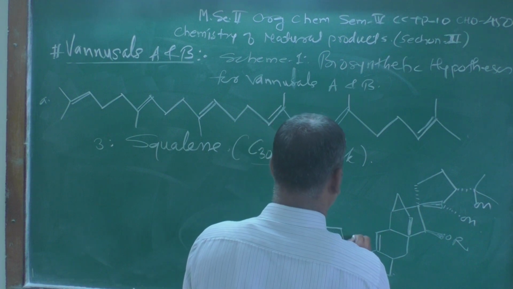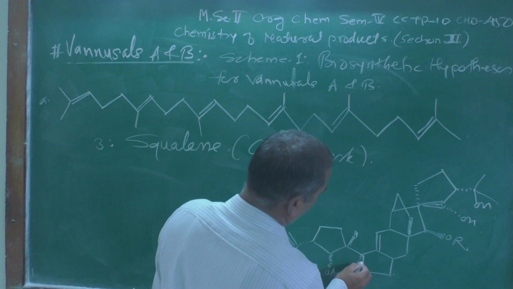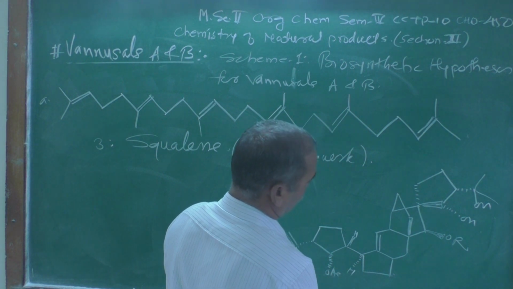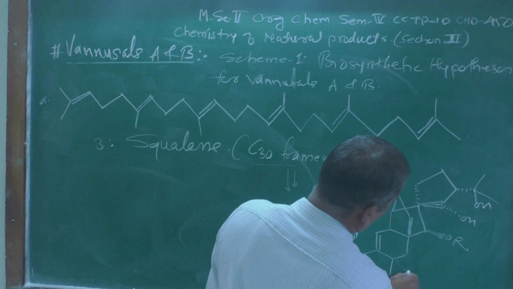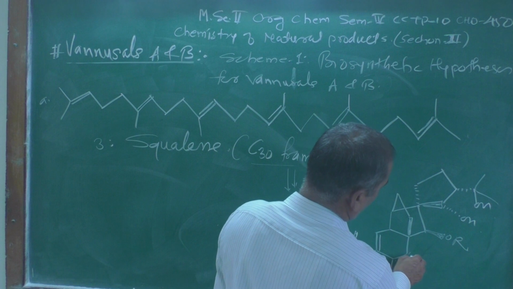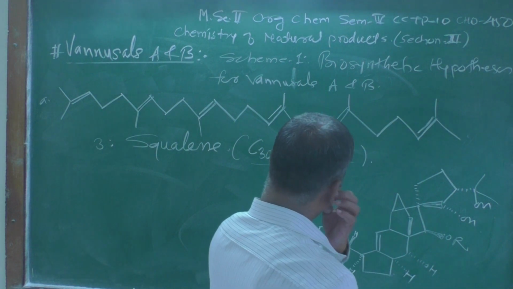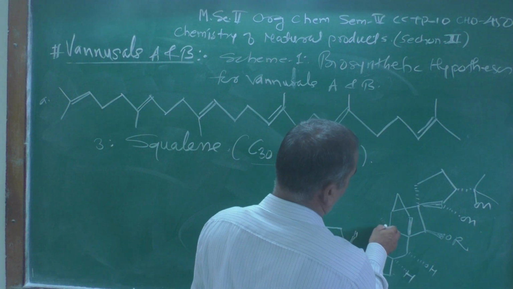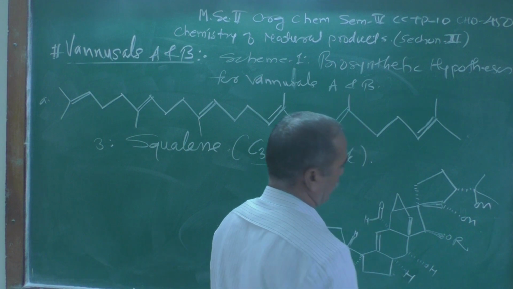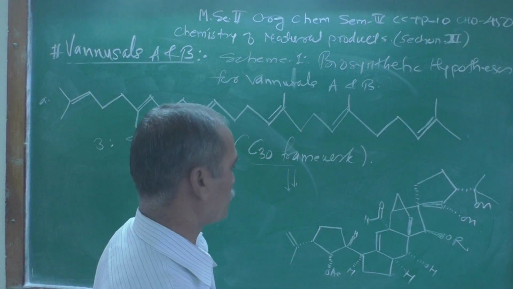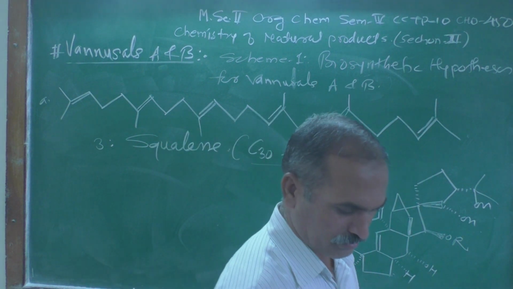The hydrogen atom at this junction should be above the plane, at this junction it should be below the plane, and at this junction the hydrogen atom should be below the plane. Here one hydroxy group is above the plane, and one aldehyde group present over here is below the plane. So, this is the structure of Vanusul A and B.